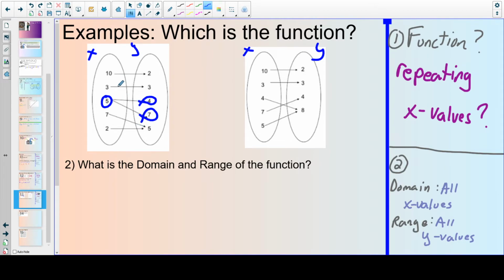So in other words, again, think of it like a vending machine. If I click the number 10, it's going to give me 2. If I click the number 3, it gives me 3. But if I were to click the number 5, it's giving me two different things, which tells me that this cannot be a function.